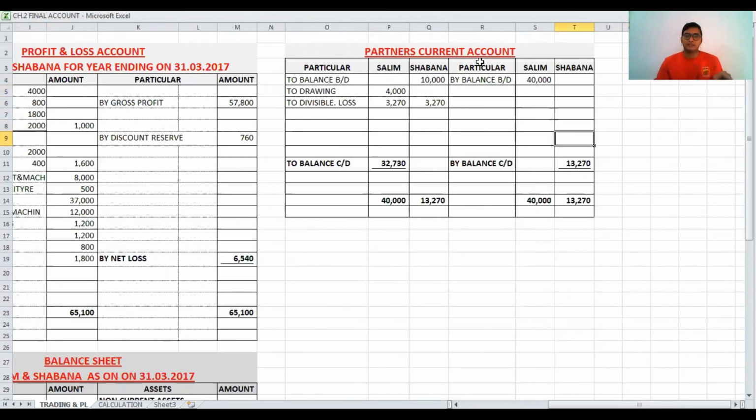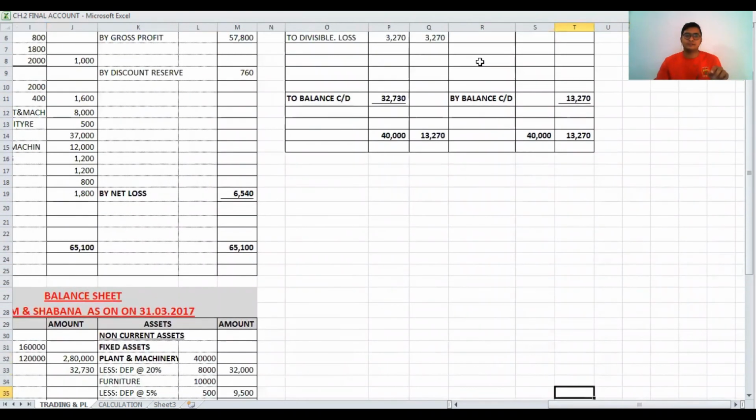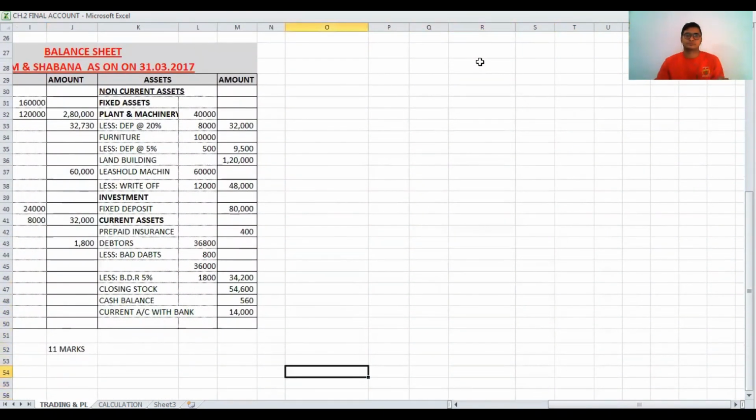So in the balance sheet we have to record on the debit side current account Shabana, 13,270. Okay, clear?